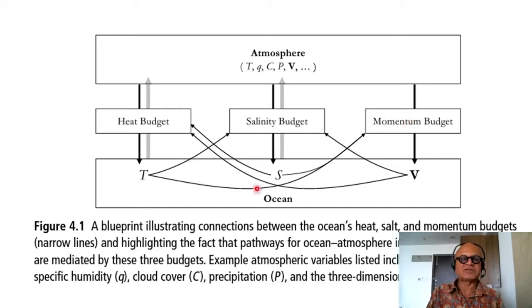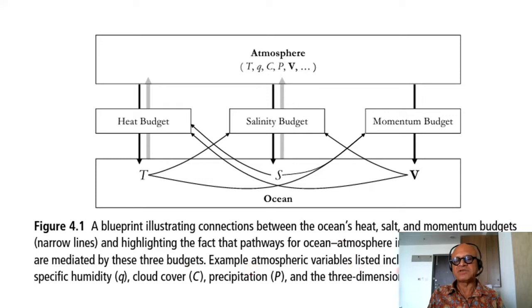intimately linked together. So here is a blueprint illustrating the connections between the ocean's heat, salt, and momentum budgets. These are the thin lines here. And it highlights the fact that the pathways for ocean-atmosphere interactions, which are these heavy lines, are mediated by these three budgets.